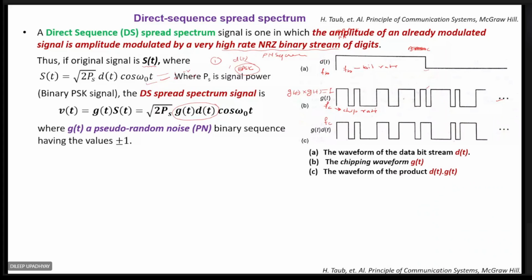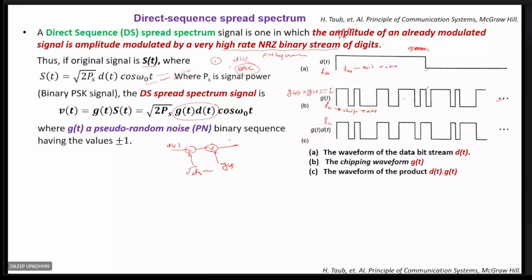If I say how we can generate this signal, the generation is very easy, because we have already generated the BPSK signal. There is an NRZ data DT, and if this NRZ data is multiplied with root 2 PS cos omega naught t, we have the BPSK signal. Now, if we again multiply with GT, the pseudo random noise sequence, that will be nothing but our VT.